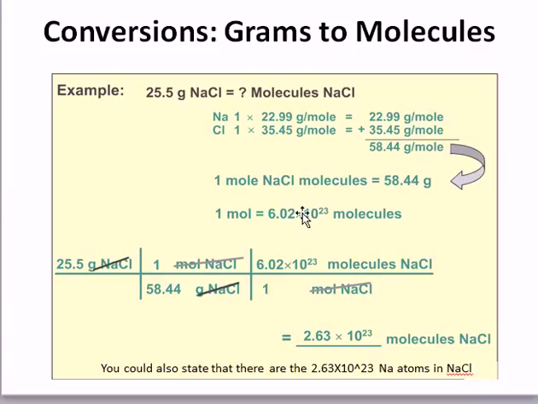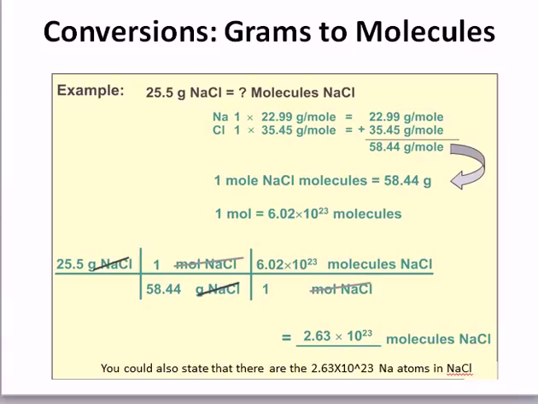In this case, sodium chloride. And then in the case of sodium chloride, you can also say that there are 2.63 times 10 to the 23rd sodium atoms in sodium chloride. So you can look at the stoichiometry and determine the answer. So this is given as a training to help understand the bigger problem which we had discussed.